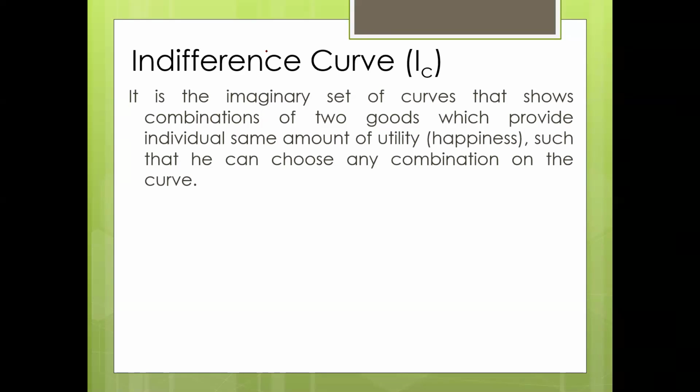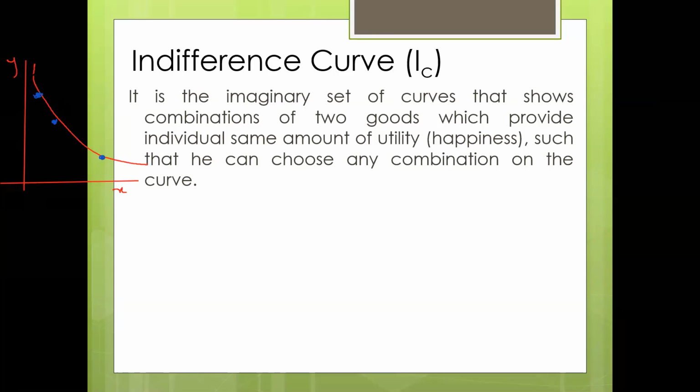So if I draw an indifference curve here, let me take some visible color. This is the y-axis and this is the x-axis. There are two products, x and y, and there is an indifference curve like this. For a customer, this product, this product, this product, it's a bundle. In this bundle, y is more than x.